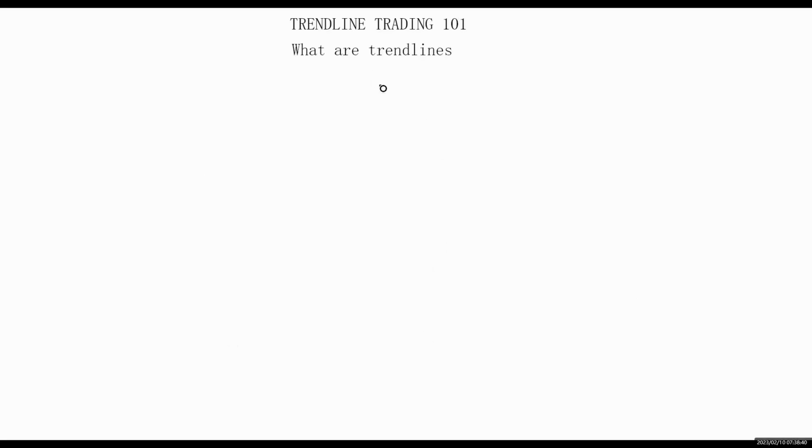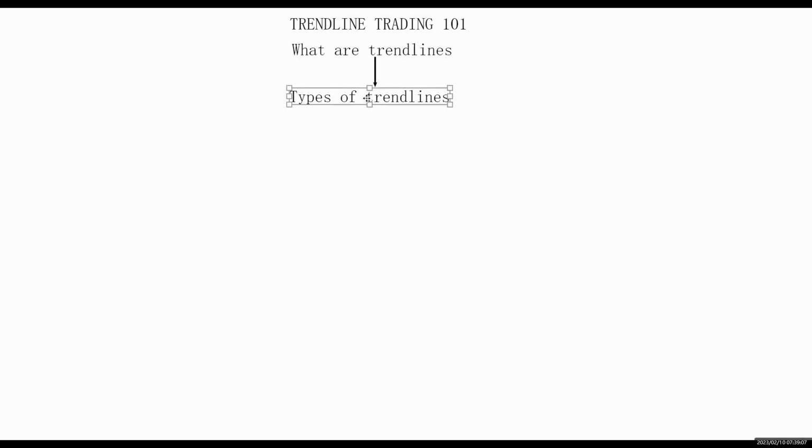So the next thing we want to understand here is what are the types of trend lines in the forex market? We have two major types of trend line basically in the forex market.